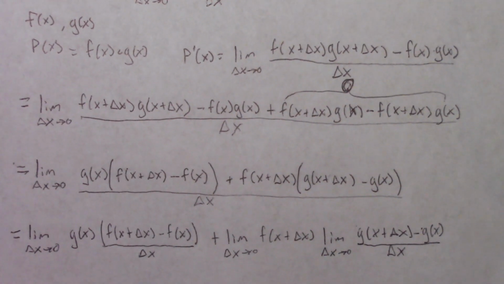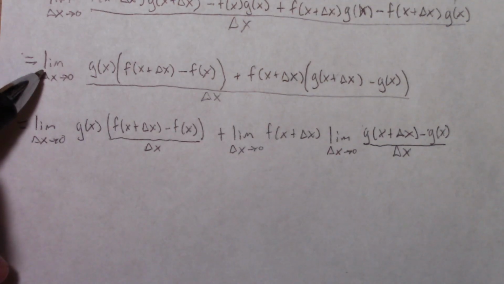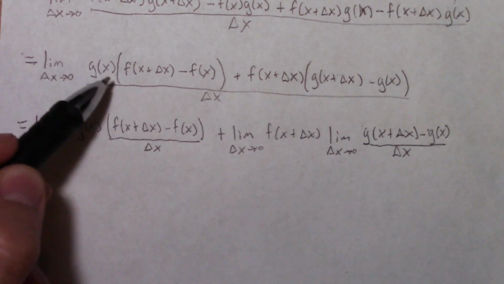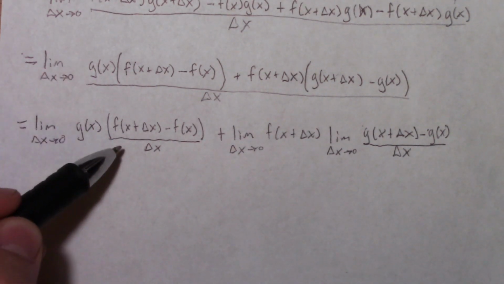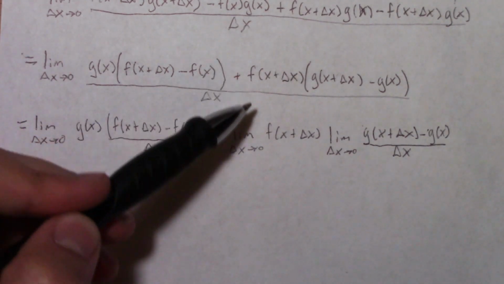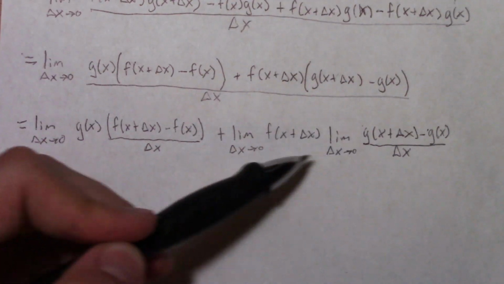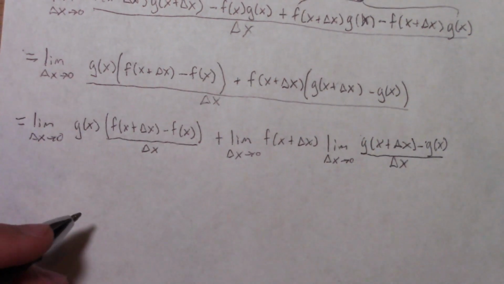That went out of field of view a little bit, but now we have this. So we split it up into limits applied to each term that has a delta x. Here goes to here, and f of x plus delta x is applied here and here.